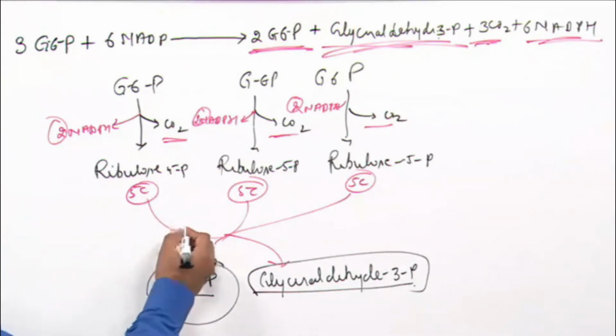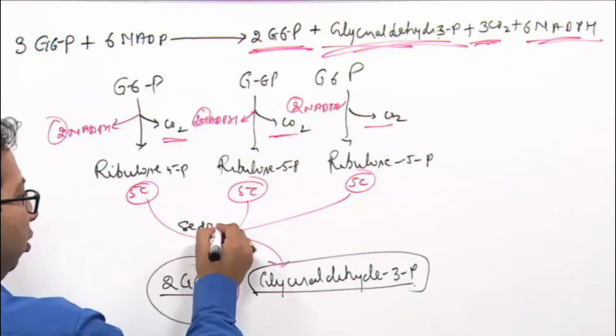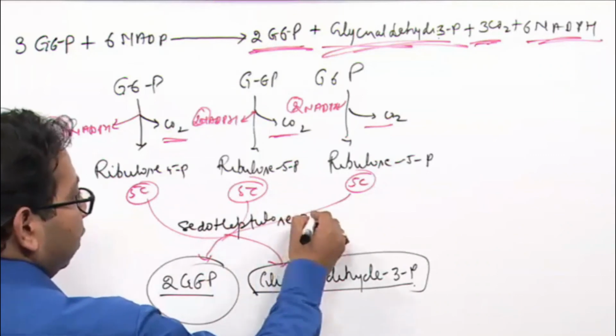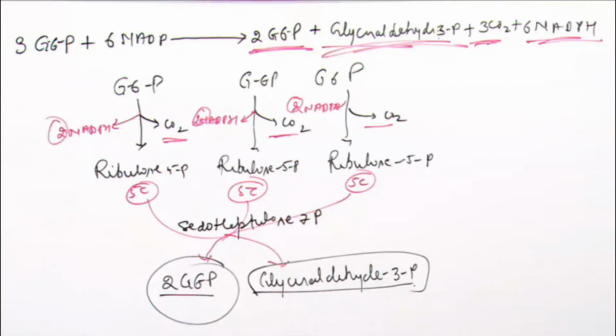You may write intermediate product: pseudoheptulose 7-phosphate, okay.